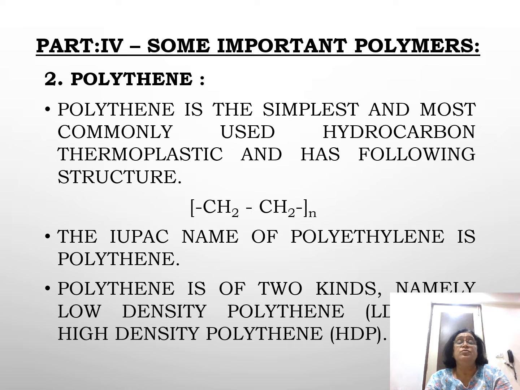Now polythene is of two kinds, namely low density polythene, LDP, and high density polythene, HDP.